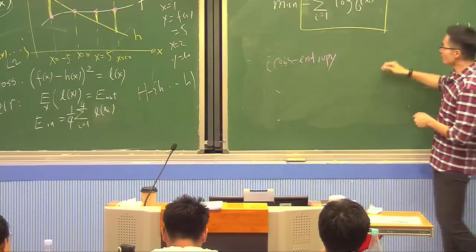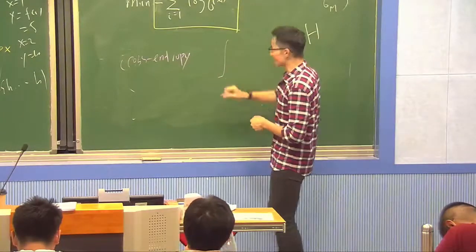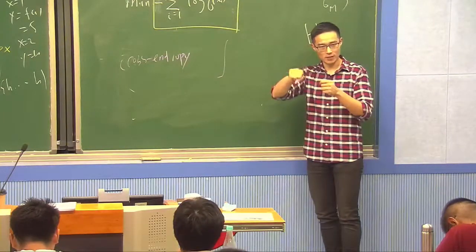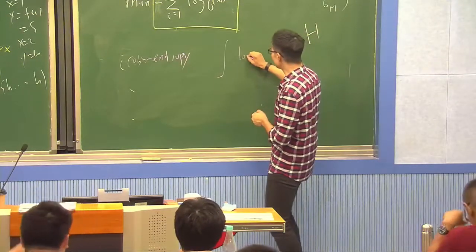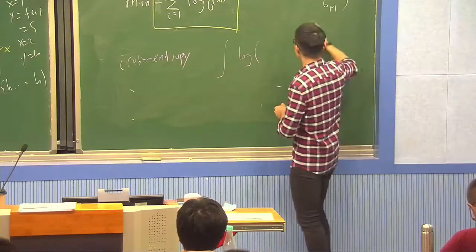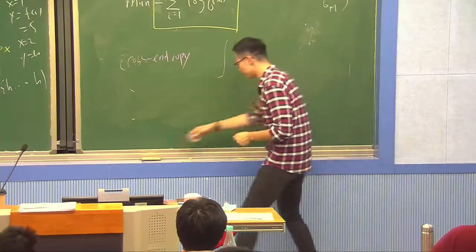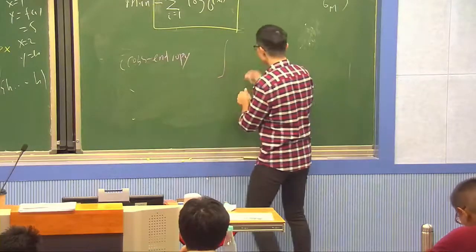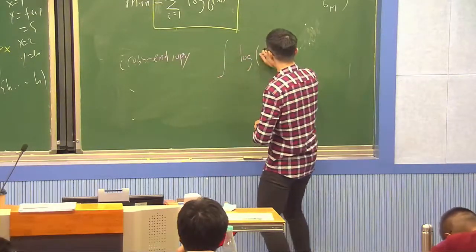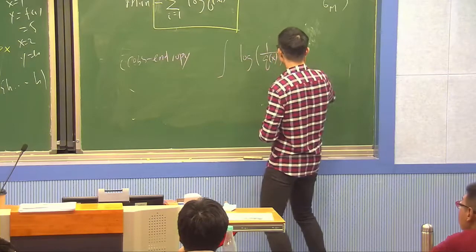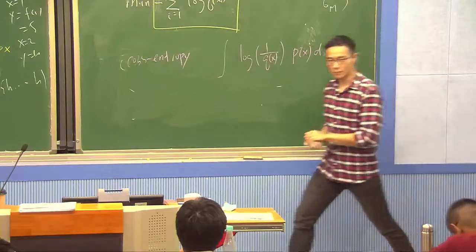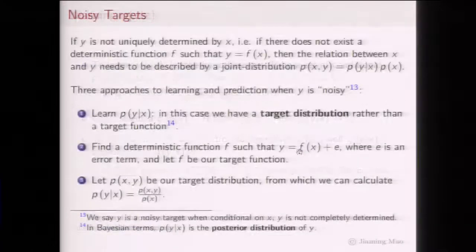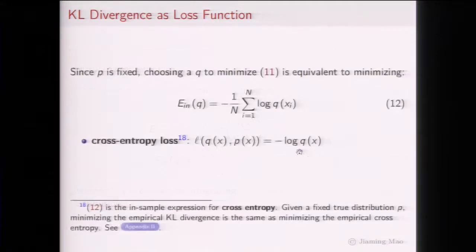Remember what cross-entropy is? Cross-entropy is defined. Now I'm going to write in integral again. Replace the sum with integral. Cross-entropy is basically the log of 1 over q(x) times p(x) dx, right? Do people remember? Let me go back. So where's the cross-entropy?